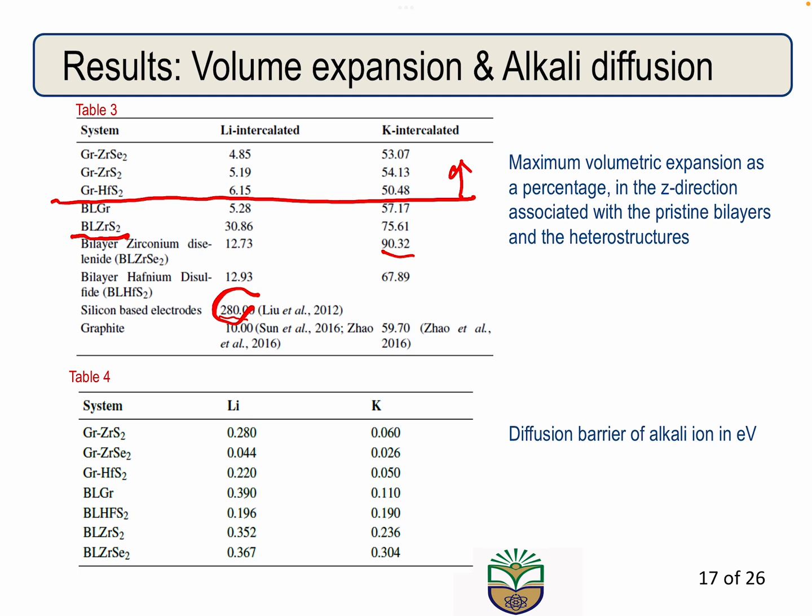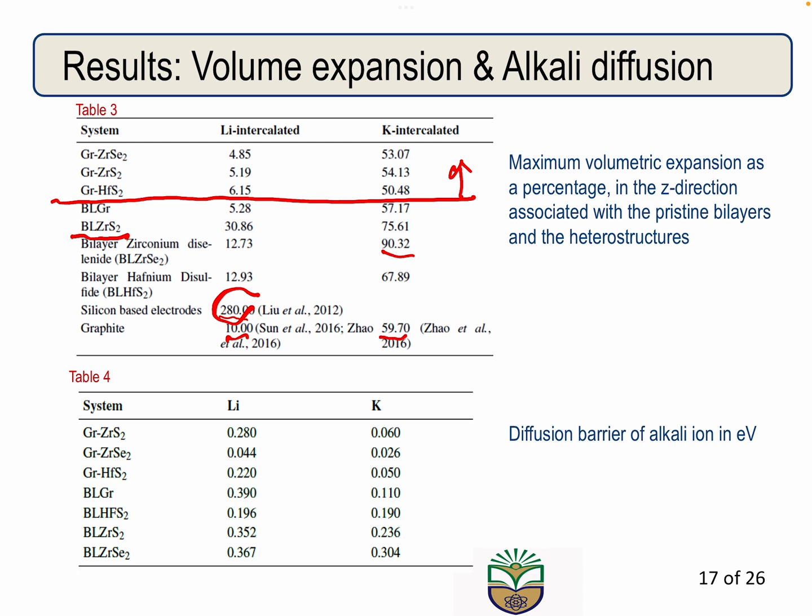For graphite, upon intercalation with lithium, it has an expansion of 10, while for potassium, it's at 59.7, all of which are found to be higher than for our heterostructures. And this is a desirable thing for our heterostructure.